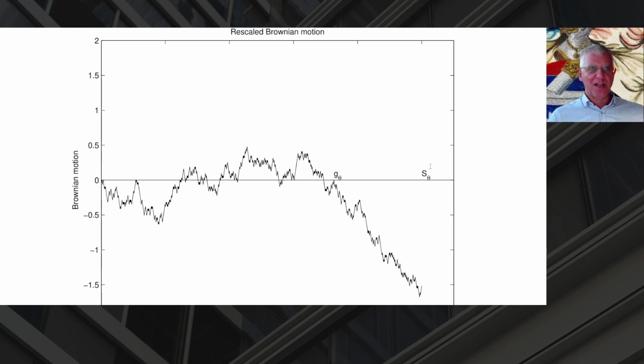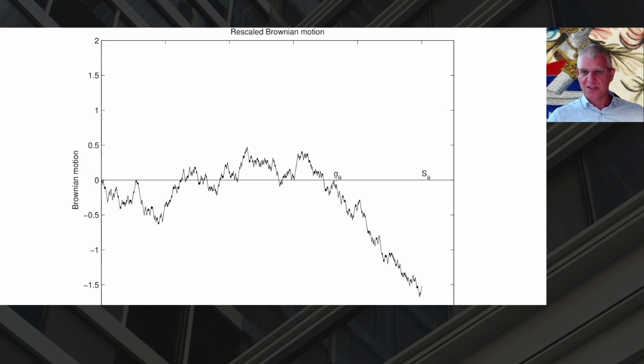And in the pictures that I showed you before, this S theta would be the first green point. We took the path of the Brownian motion and we ran in parallel a green Poisson process, and there was a first green point somewhere. But we know that the first green point comes at an exponential time. I will denote that exponential time, the time of the first green point, by S theta.